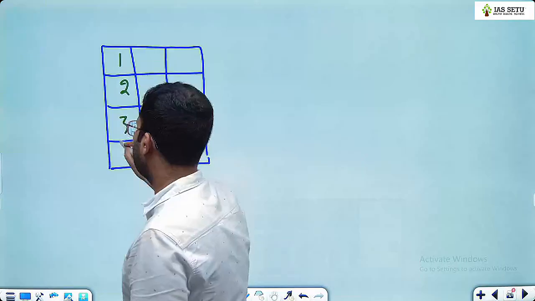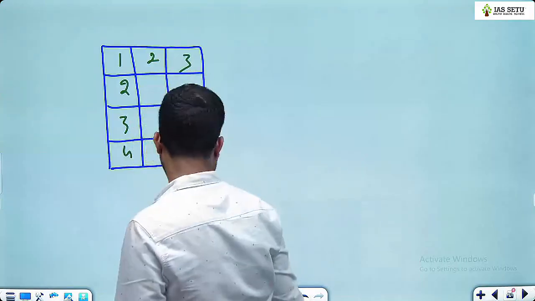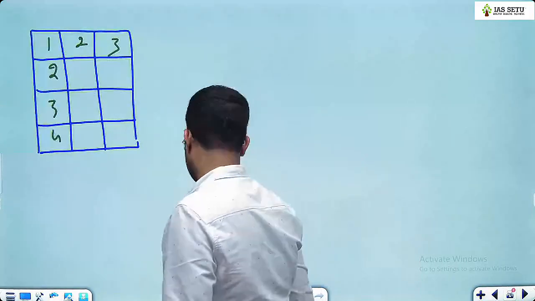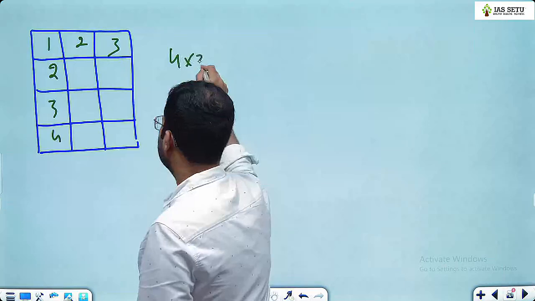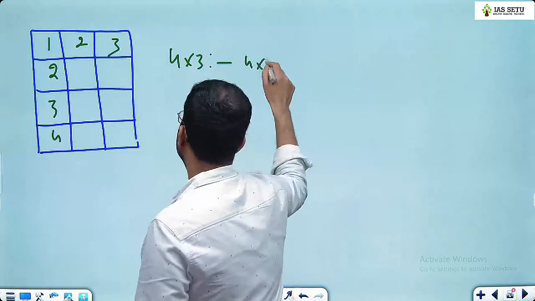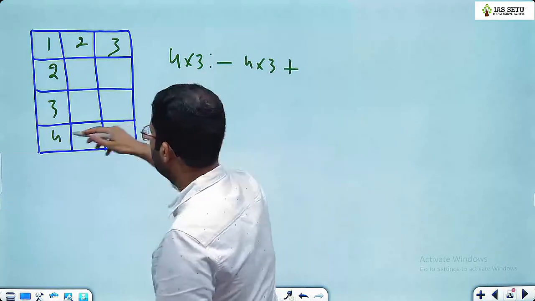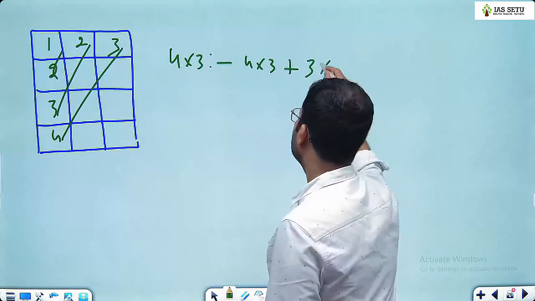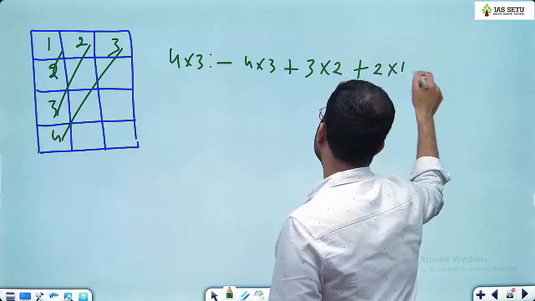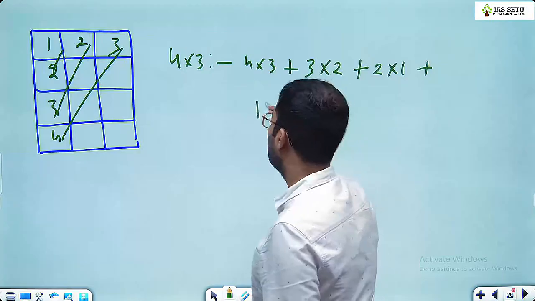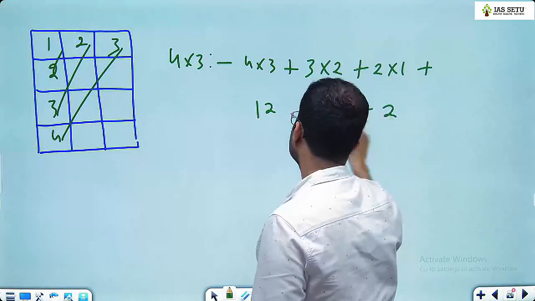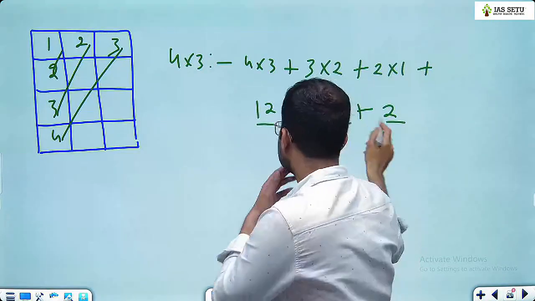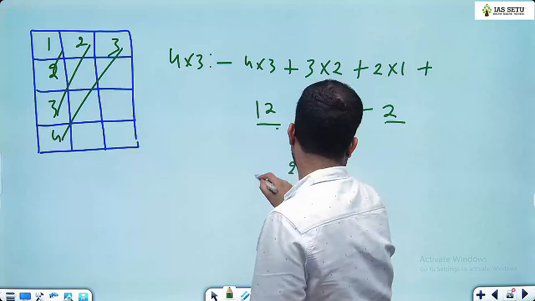One, two, three, four. 1, 2, 3. 4 by 3. So 4 into 3, 3 into 2, 2 into 1, 1 into 0, or stop. 12 plus 6 plus 2. So here 12 plus 6 is 18, 18 plus 2 is 20.